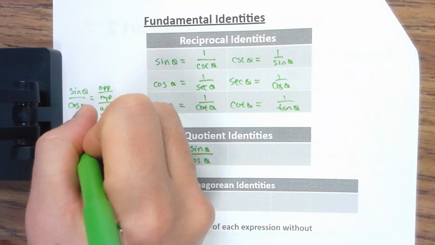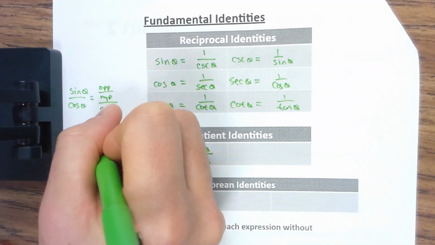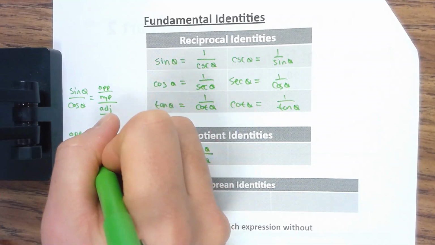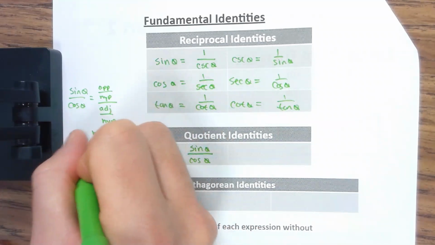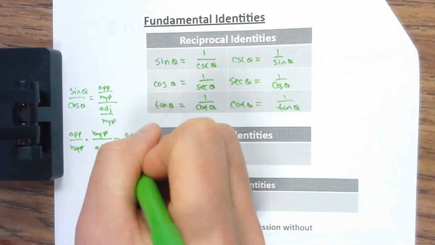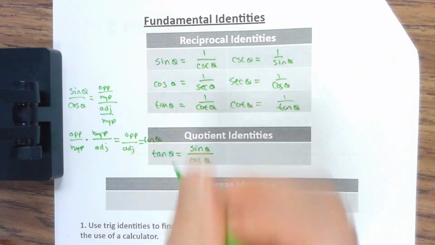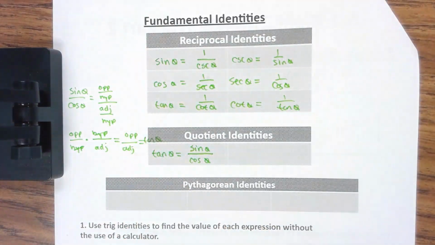So that's copy the top, or leave the top the same, and multiply by the reciprocal of the denominator. And so when we do this, the hypotenuse lengths divide out, leaving us with opposite over adjacent side, which is simply equal to tangent of theta. Okay, so that's kind of like a mini proof for why this quotient identity works out.